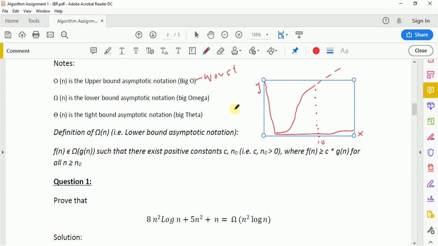So how this will be, first of all you will simplify this polynomial so you get a simpler function that has a very similar growth rate as this polynomial. So you might end up having something like this, a simplified polynomial.